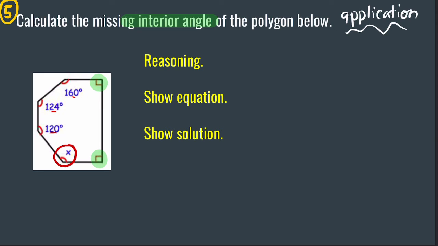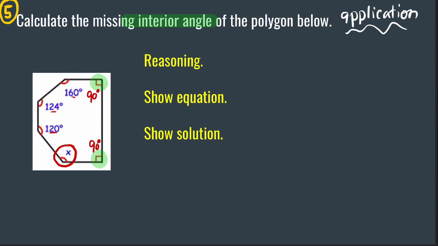You need to go back to past lessons. If you see that symbol, what does it mean? Aha, I remember. That is the symbol for a right angle, and a right angle has a measure of 90 degrees.